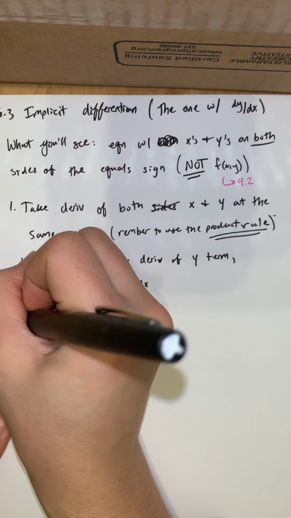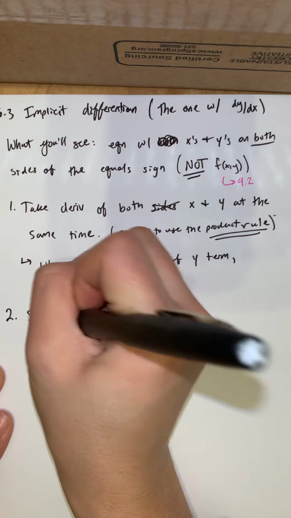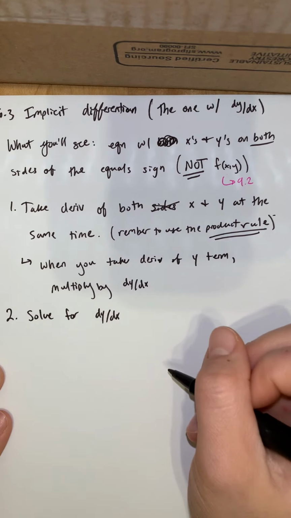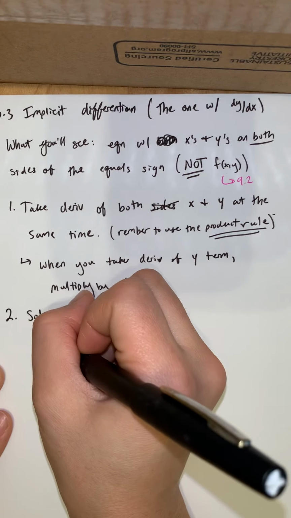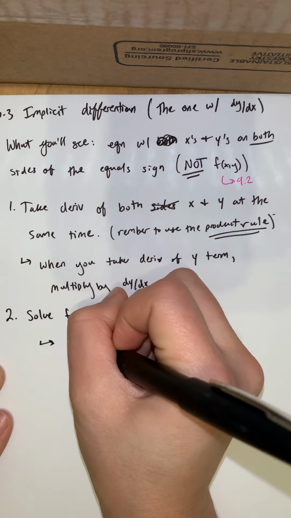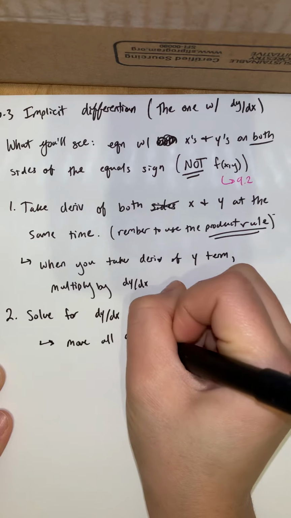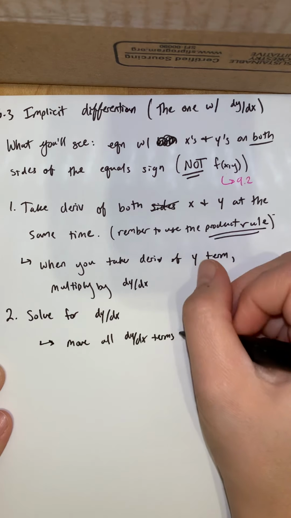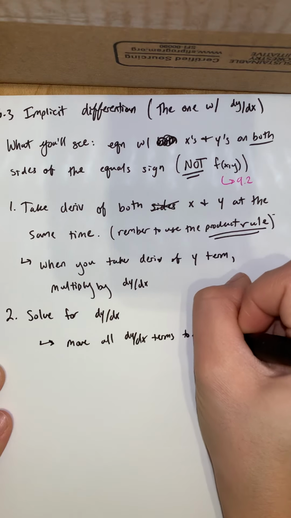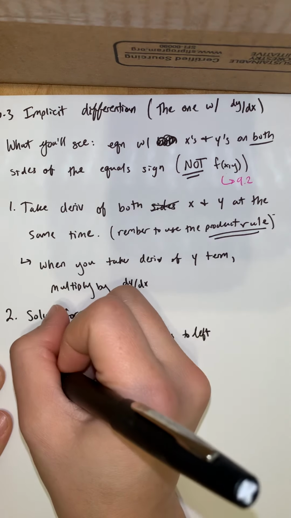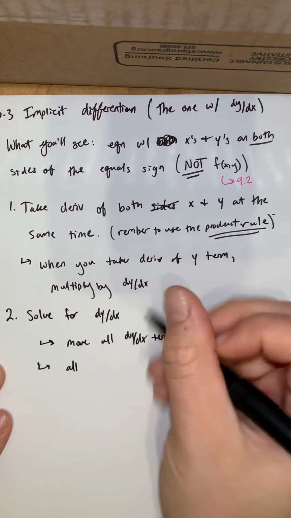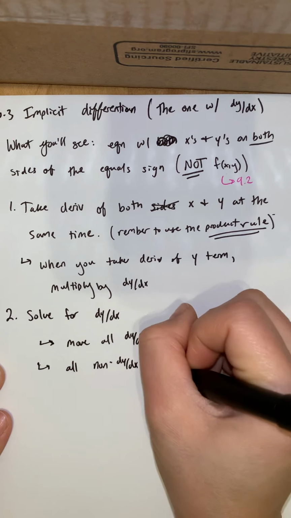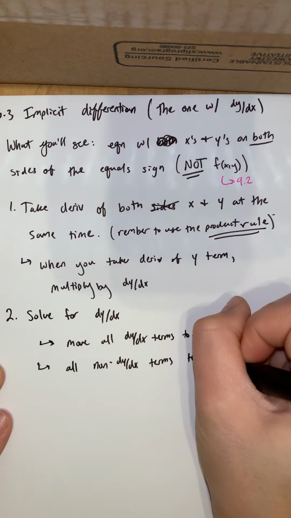Okay, and then step two, we're going to solve for dy dx. And then again, our little process for this guy was to move all of our dy dx terms to the left, all non-dy dx terms to the right.